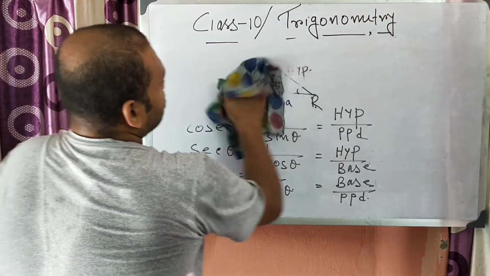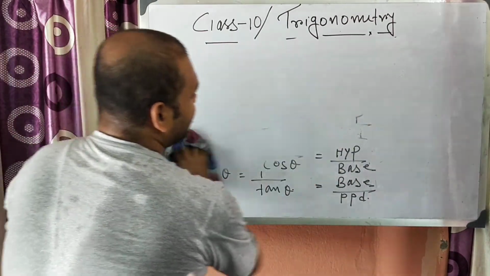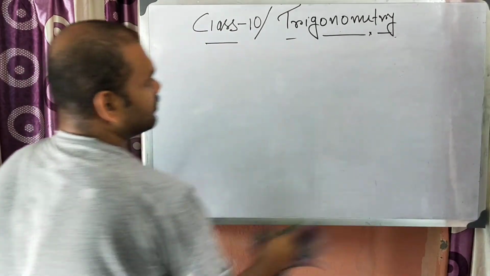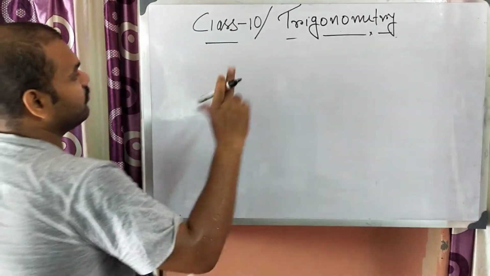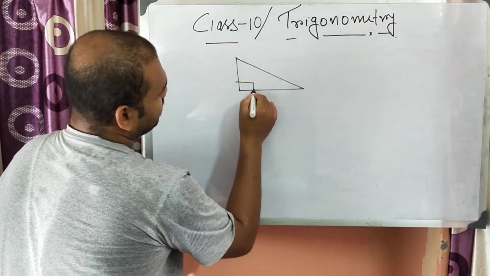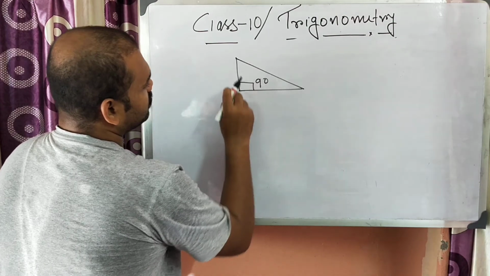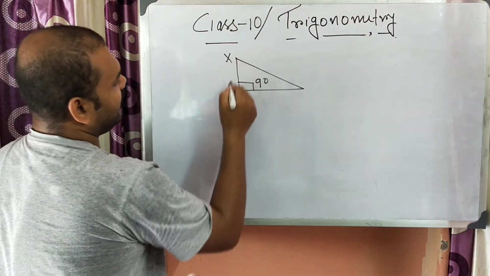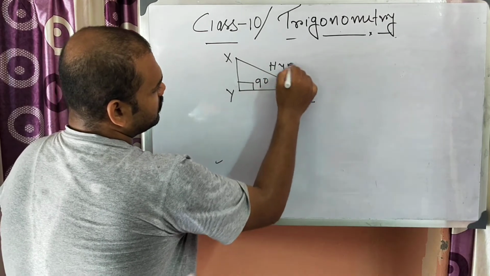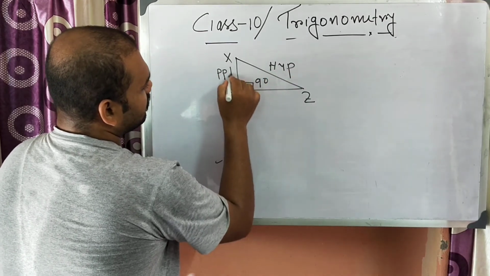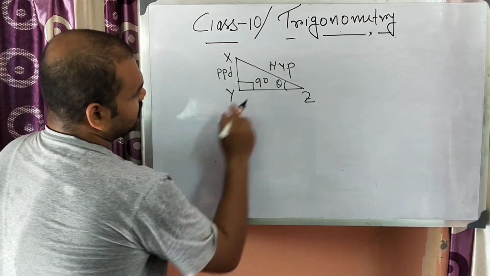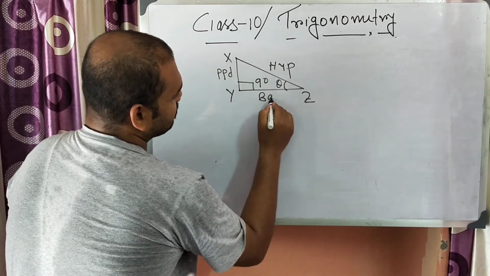Now there are a few identities, let us prove one or two here for this class. Suppose this is 90 degrees, and now let us change the names to x, y, z. This is the hypotenuse, this is the perpendicular with respect to theta, and this is the base.